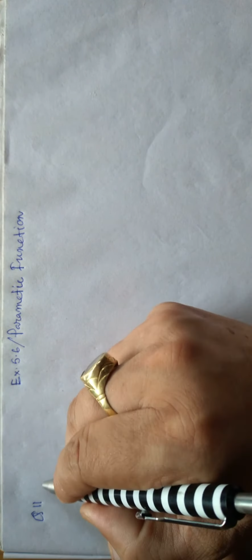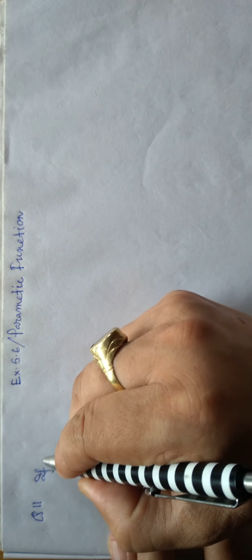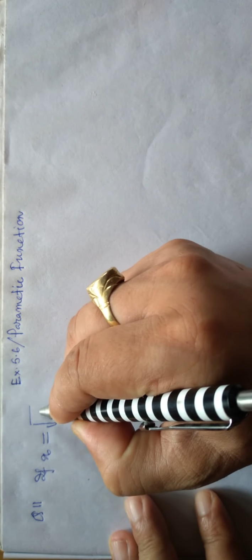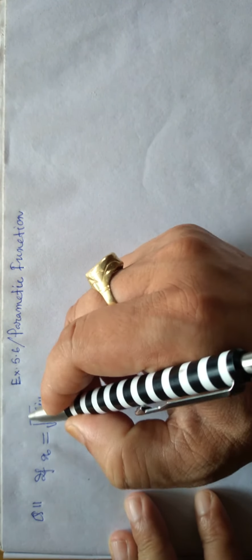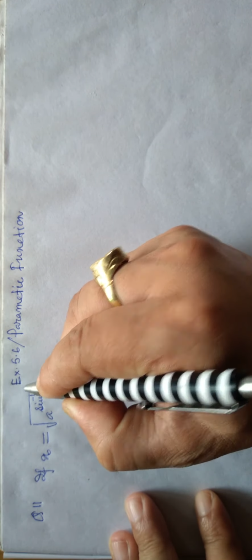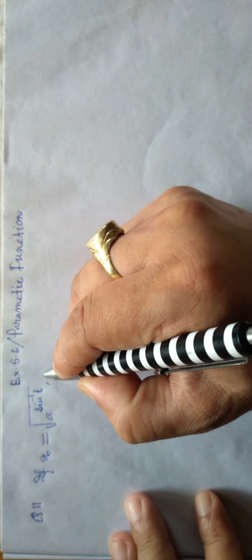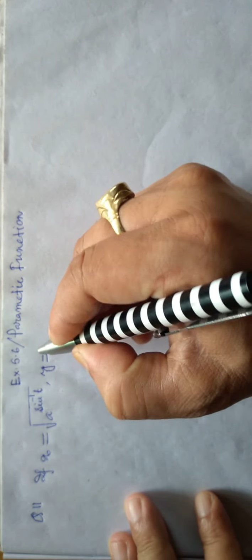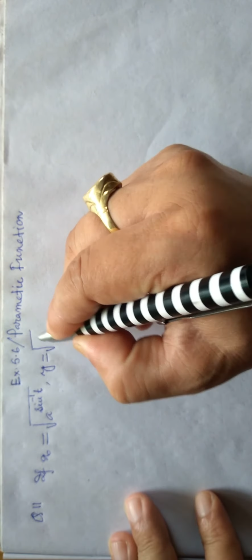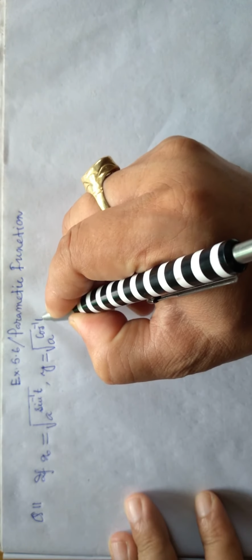I am to say that if x is equal to root over a to the power sine inverse t, and then y is equal to root over a to the power cos inverse t, right?